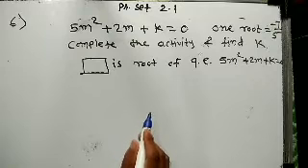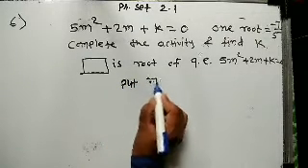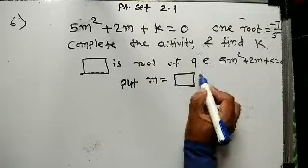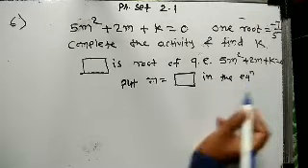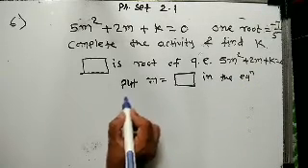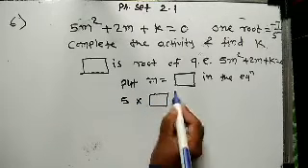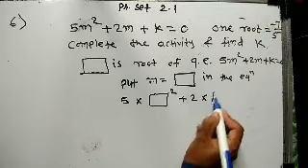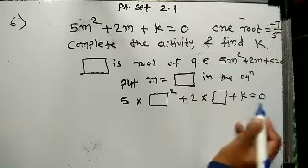Then put m is equal to, and again there is a box. Then the next step is 5 into a box whole square plus 2 into a box plus k is equal to 0.